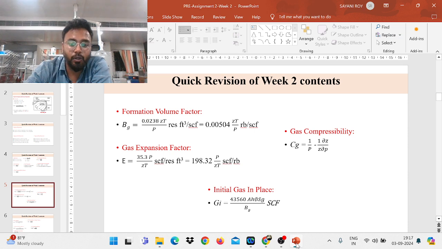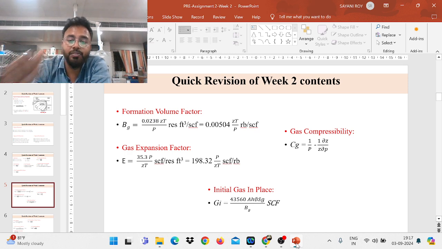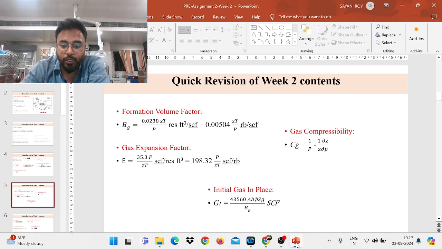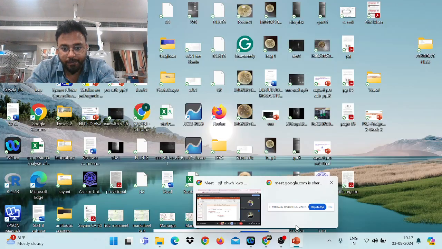You can write down the formula. In initial gas in place, the area is in acres, height is in feet, porosity is in decimal, and saturation is also in decimal. Bg we can find out from the above formula. So write down this formula, then we can go to the next slide.